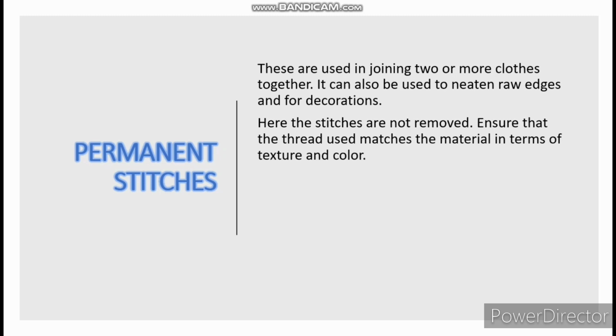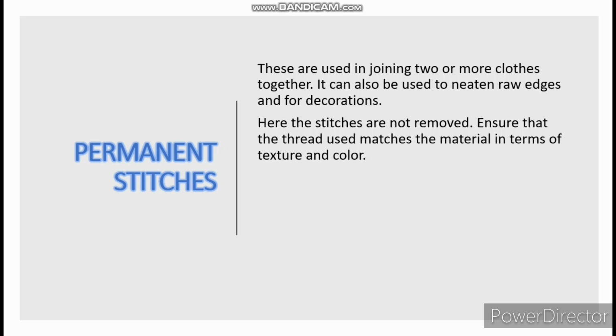In permanent stitches, stitches are not removed, unlike the temporary stitches, where we said we only use them for a short period of time. So you can see the difference between the two. Temporary stitches are only used for a short period of time, while permanent stitches, we don't remove them.